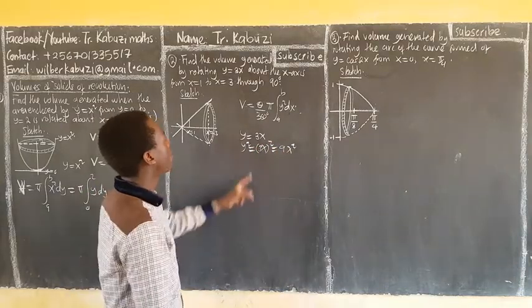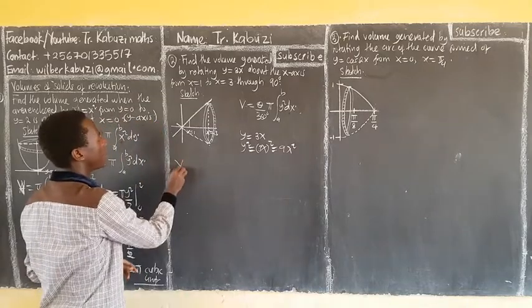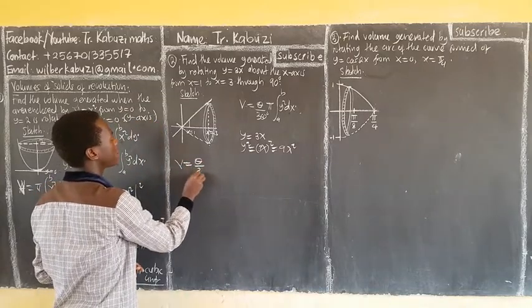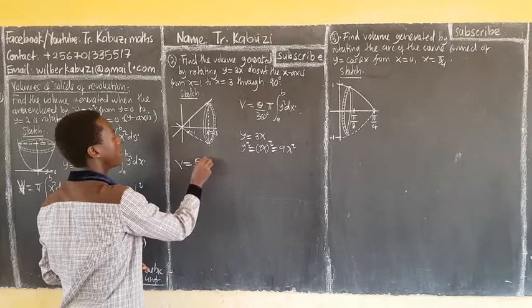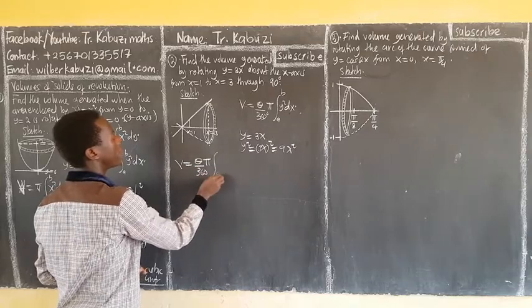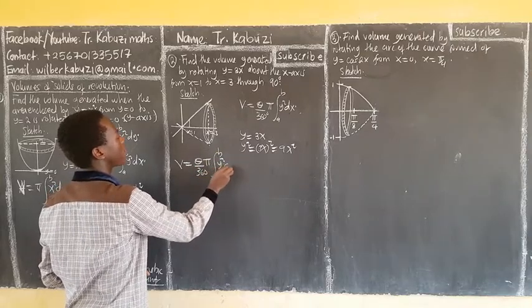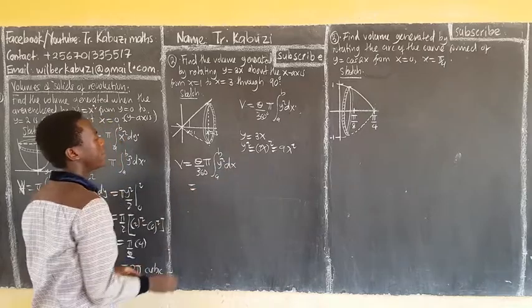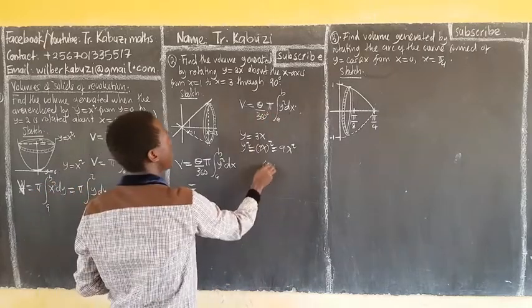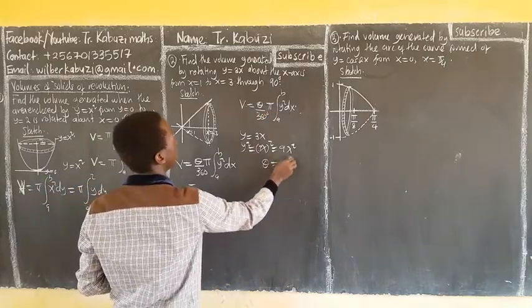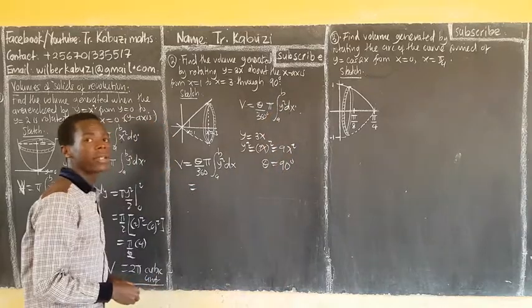So now I can put it in my formula: theta over 360, then pi integral from a to b of y squared dx. From here, my theta is 90 degrees.